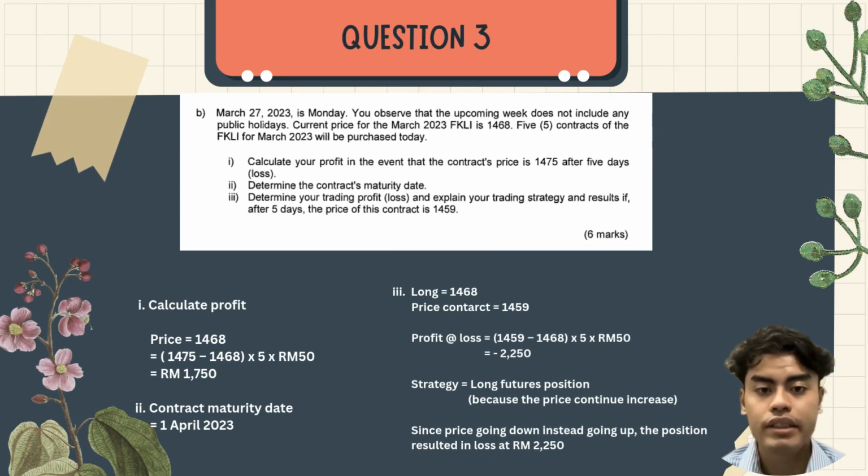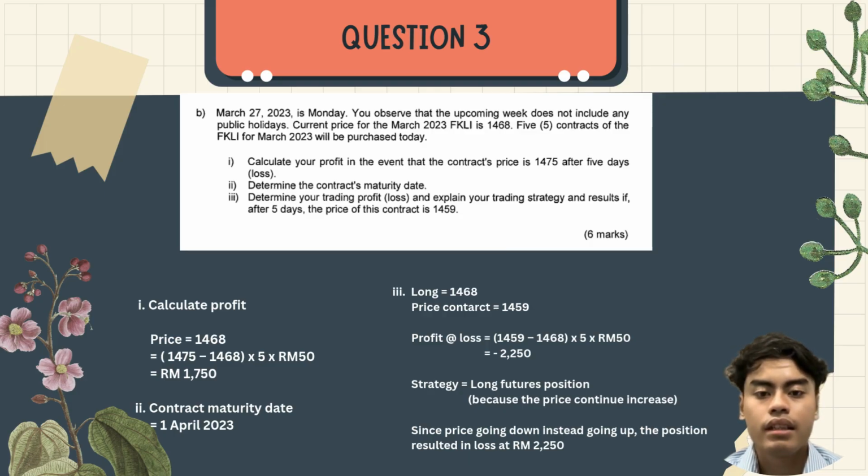Next, for question 3B, the question says that on 27 March 2023, the current price of FKLI is 1,468. 5 FKLI contracts are purchased today. Since the contracts are purchased, this means the trader is taking a long future position.